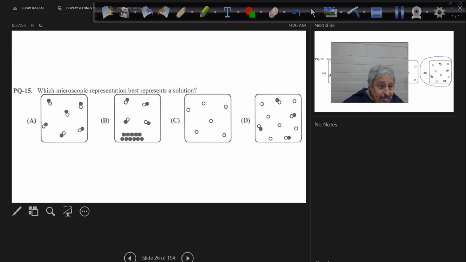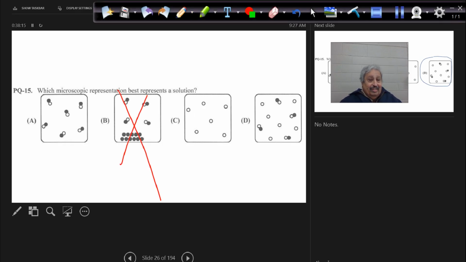Which macroscopic representation best represents a solution? That's an easy one. A solution is made of solute, small amount, and the solvent, a larger amount. So which one? This one we already decided, this is out of our consideration, correct? This is not a solution.